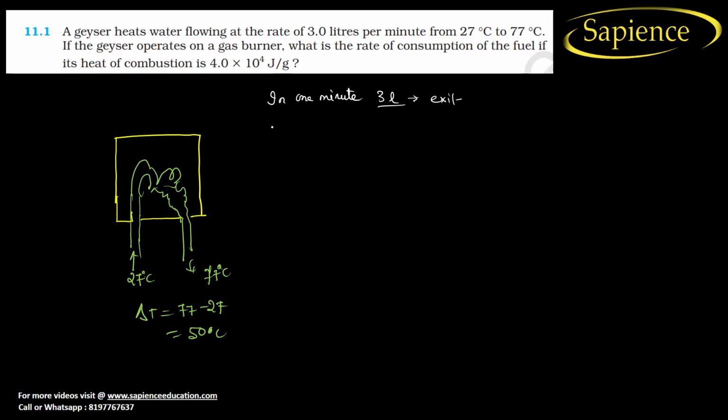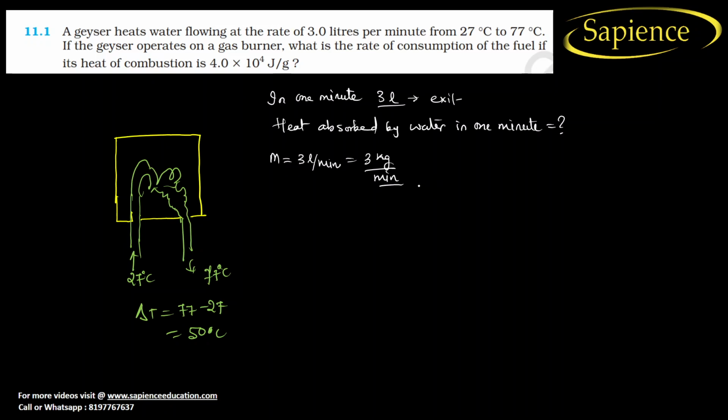So the heat absorbed by water in 1 minute is equal to what? Since it is heat absorbed by water in 1 minute, we need to find the mass of the water passed in 1 minute. So this is your 3 liter per minute. We can also convert it into kg. So this is 3 kg per minute.